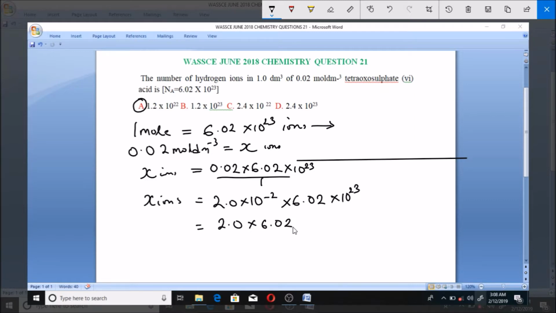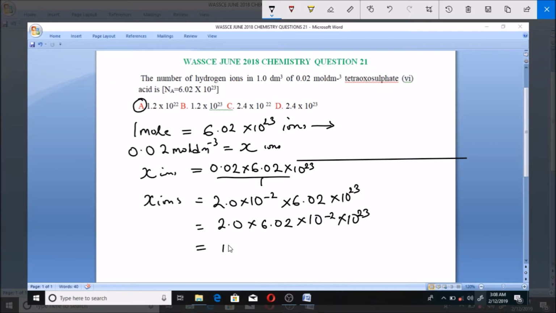We are solving it like this in case we're not using a calculator. 2.0 times 6.02 will give us 12.04. Then, by indices, minus 2 plus 23 with 10 as the base is going to give us plus 21. So that's what we have.